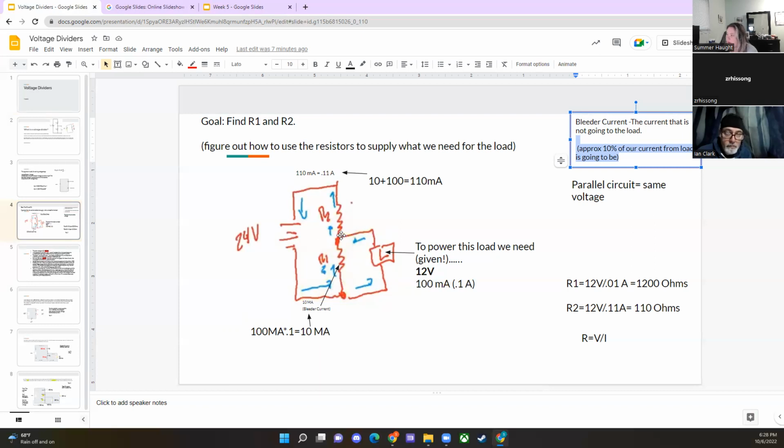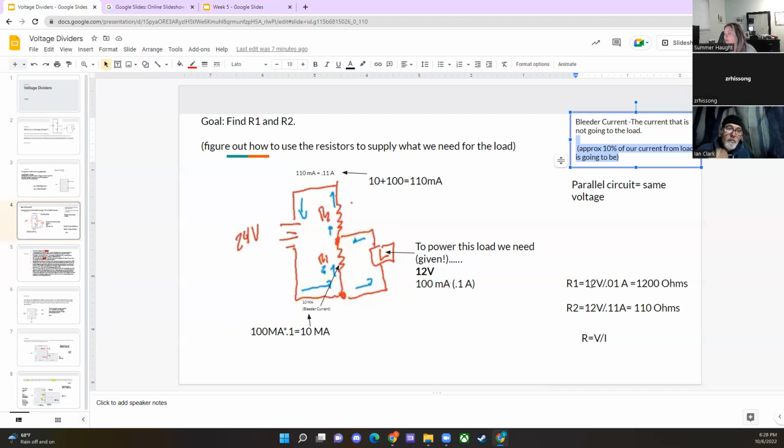That brings back the idea of Kirchhoff's law: we have nodes and junctions where the current splits and then combines again when we meet up. So that was really the bulk of this problem, determining what your amperage was at every given point in the circuit, but that wasn't the question.